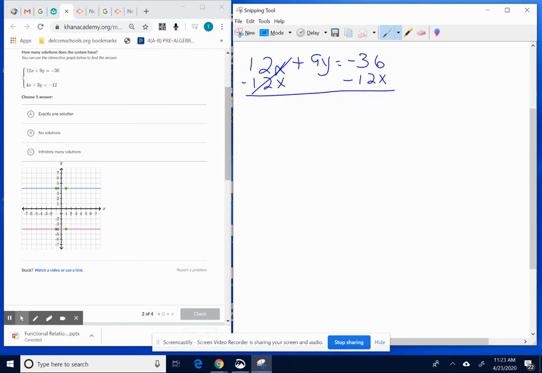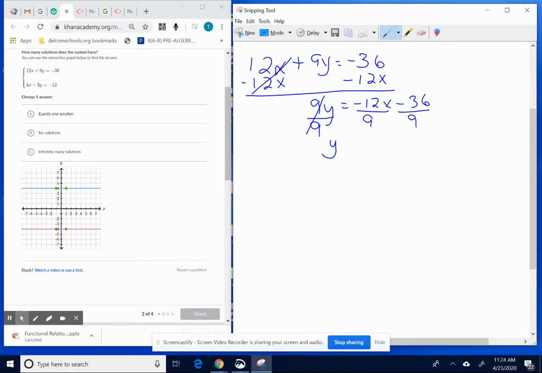That's going to leave me with 9y on the left, and a negative 12x and a negative 36 on the right. They're not like terms, so I can't combine them together. Now I'm going to get rid of the multiplied 9 by dividing by 9, but make sure you divide all three parts by 9.